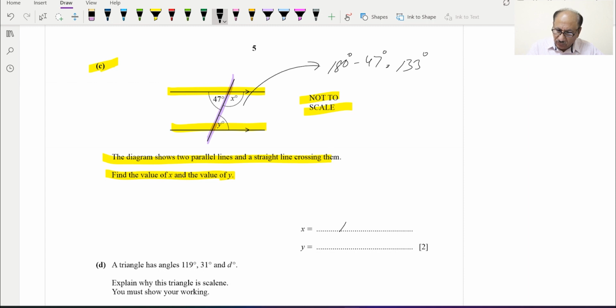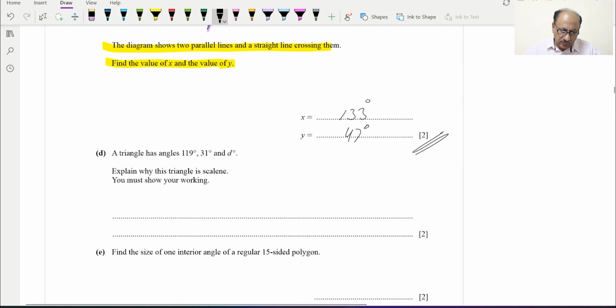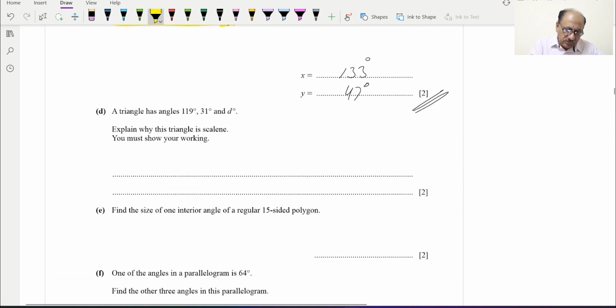So the x value will be 133 degrees, and the y value we can find. These two angles are alternate angles, so y will be 47 degrees, and this is for 2 marks, which is done.